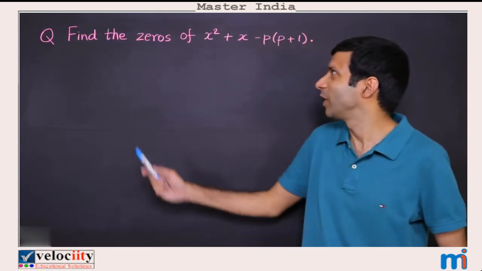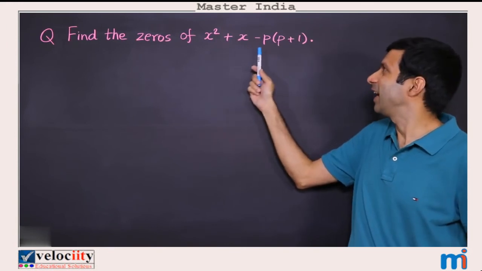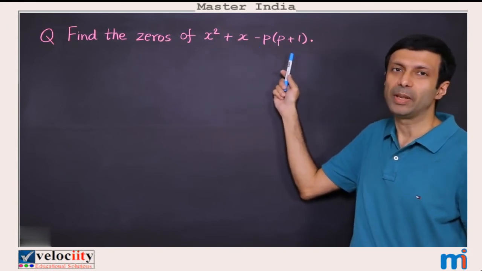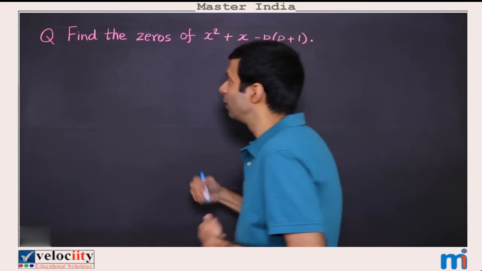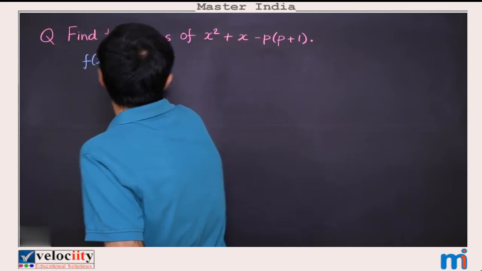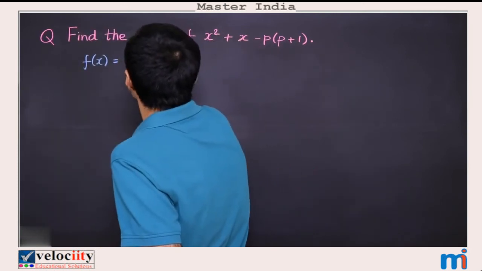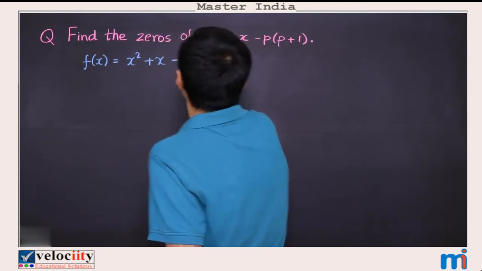Let's look at our next question. Find the zeros of x square plus x minus p into p plus 1. So let's write down our polynomial. Our polynomial f(x) is x square plus x minus p into p plus 1.